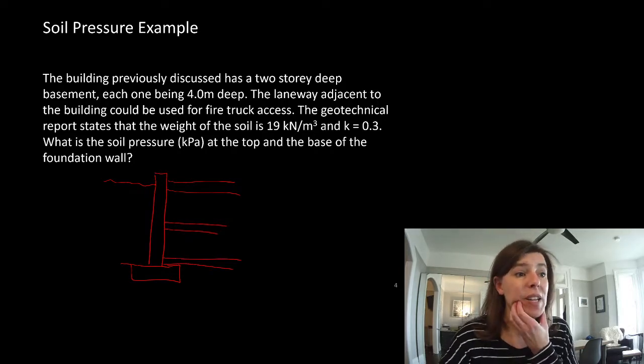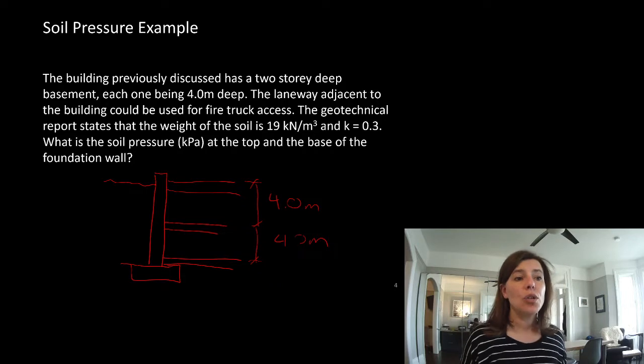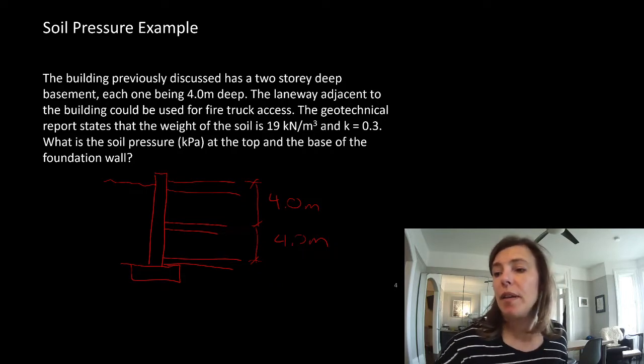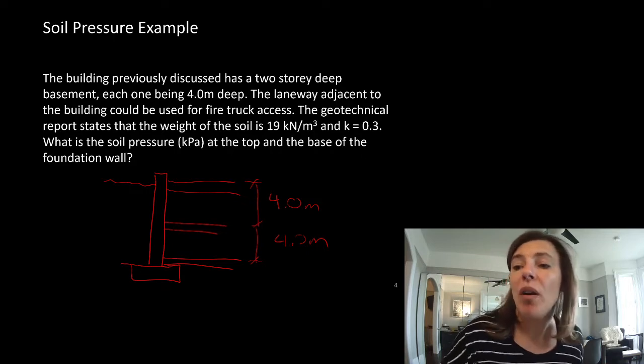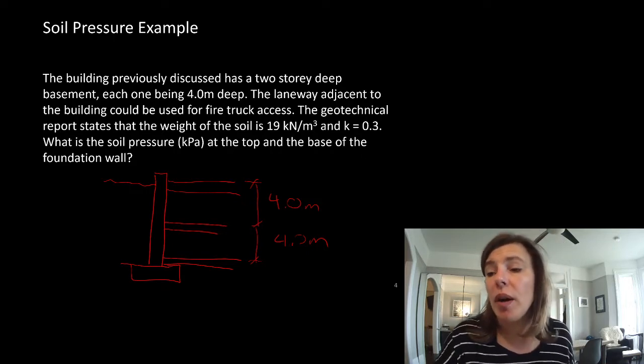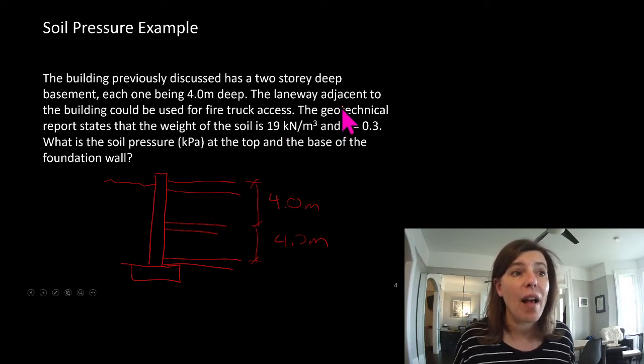So they've said we have two floors of basement that are 4 meters deep each. We know what the surcharge is. If it has vehicle access, that means it's got to be 12 kPa.